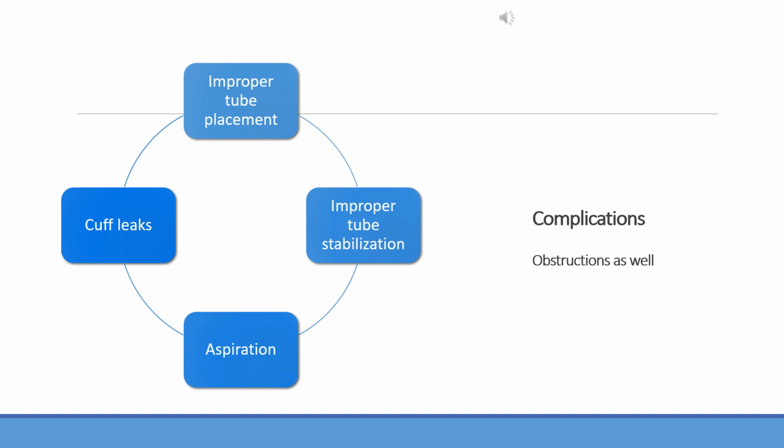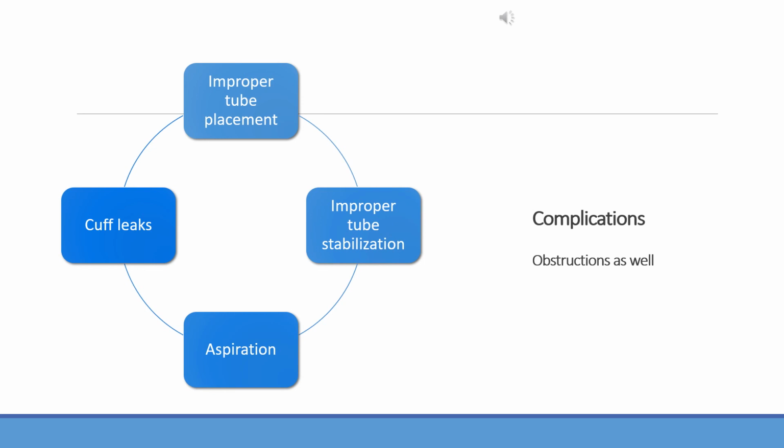Several complications can occur with a tracheostomy tube. One could be improper tube placement, so it's not placed in the appropriate area, so it's not ventilating all lobes of the lung. Improper tube stabilization, that could be from even a cough or a sneeze could make it come out if it's not properly stabilized.